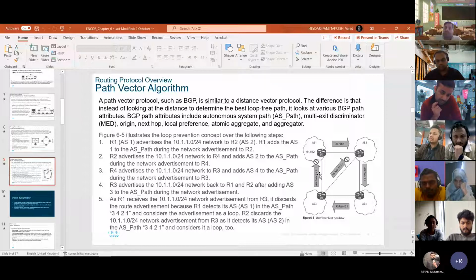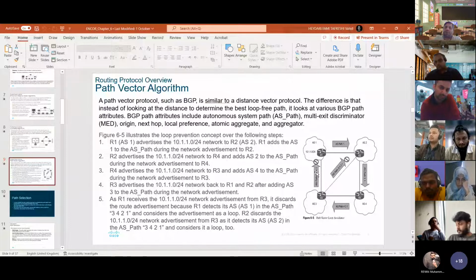However, when R1 receives that BGP update message, it is going to again discard it. Why? Because inside the AS path attribute, R1 now can see its own number, which is 1. 4, 3, 4, 2, 1. So I'm going to see my own AS number again inside it. Therefore, I'm not going to install it because it causes a loop.